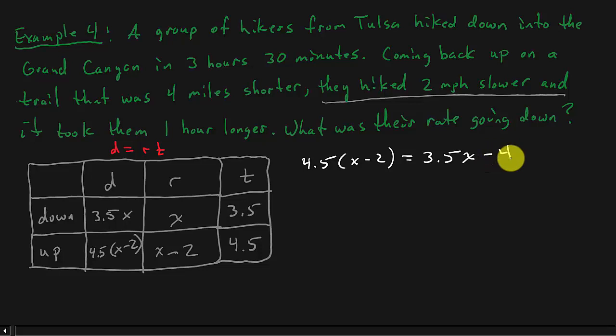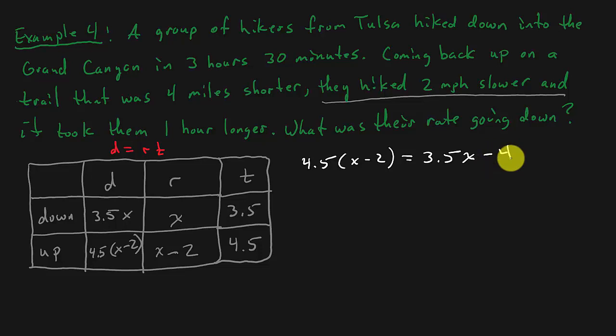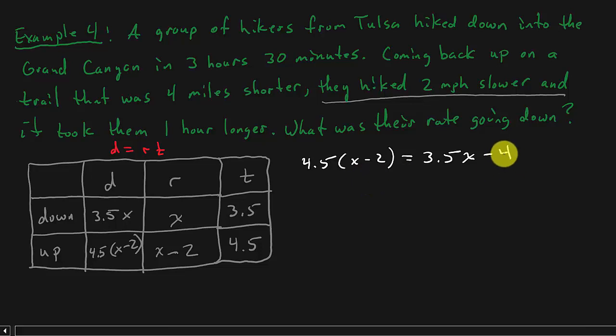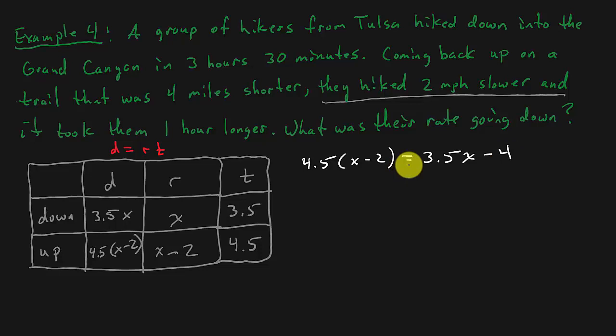As long as it makes sense, why I subtracted 4 from one side, if you understand that, you're good. If you understand why I could have added 4 to the other side instead of doing this, then you're in good shape. Okay? I've got to make the two sides equal before I can set them equal to each other. All right? So now, let's solve.